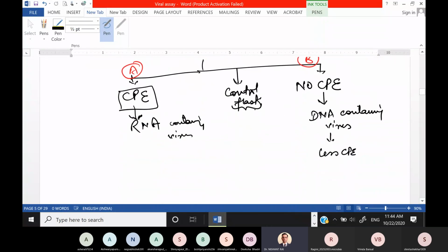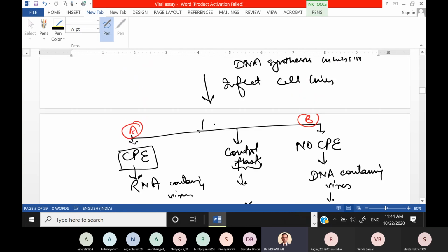In the control flask obviously cytopathic effect will be observed, so you can compare. In this case you will find very little CPE because maybe the inhibitor will inhibit the DNA synthesis but some virus may be able to grow, so you will see very little cytopathic effect. In the control there will be very clear cytopathic effect. So this is how you will identify the nucleic acid type.